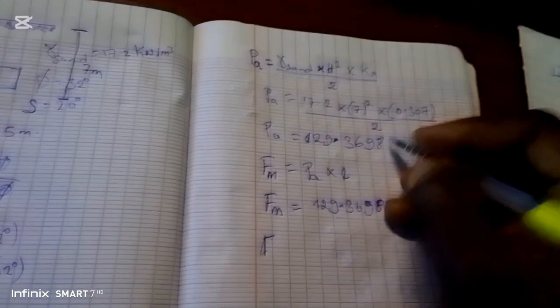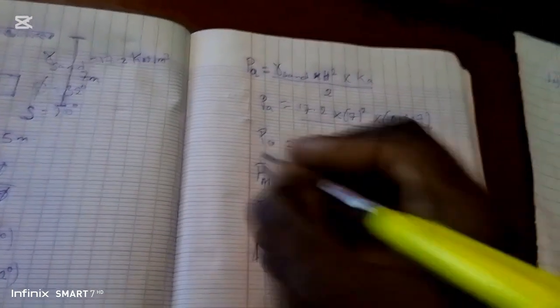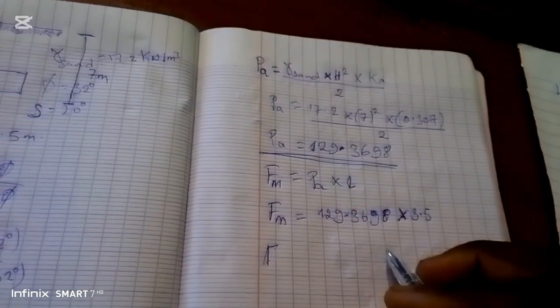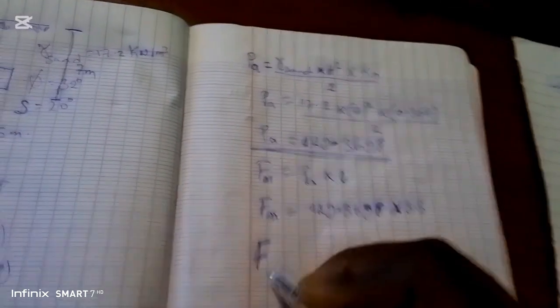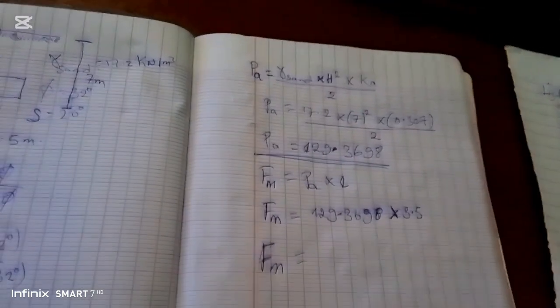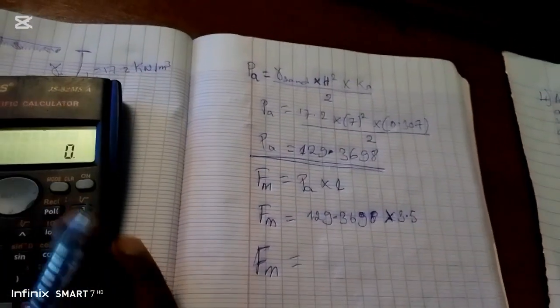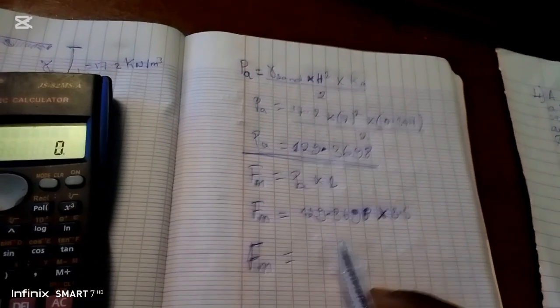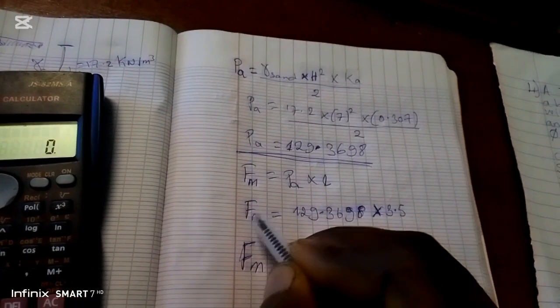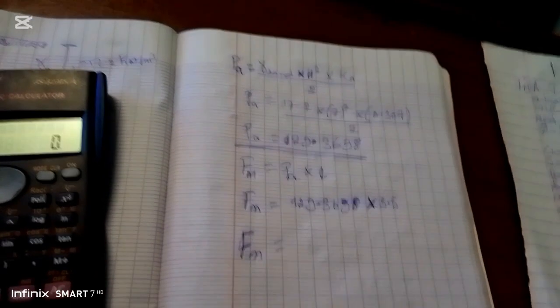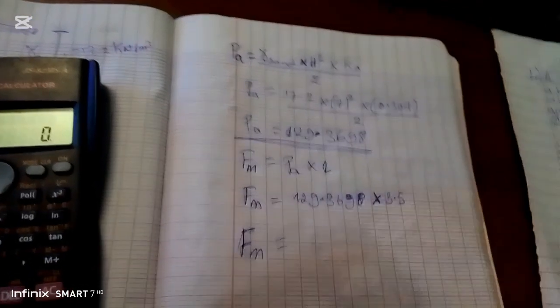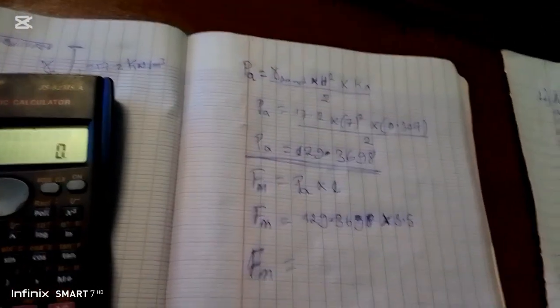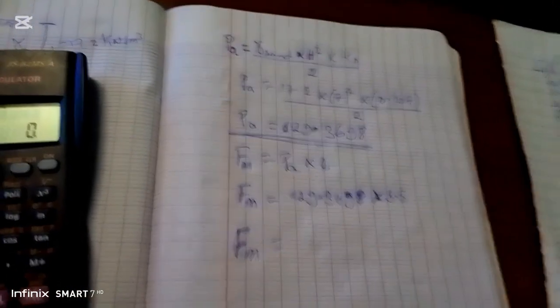So Fm is equal to, Fm here simply means the magnitude of the active earth force. I decided to abbreviate it as Fm. When solving, you too can abbreviate it, whatever abbreviation you give it is acceptable.